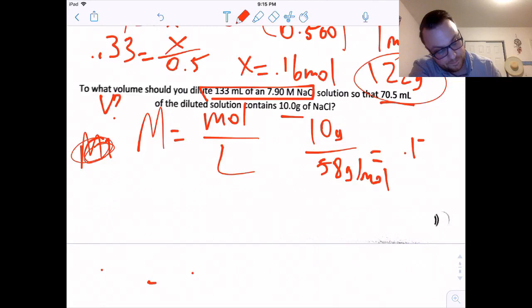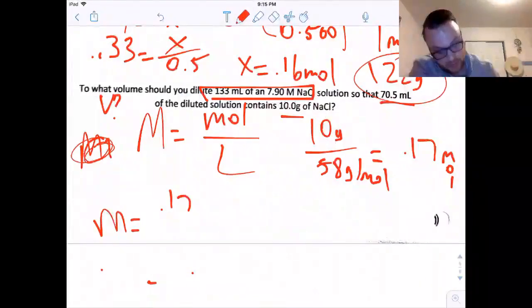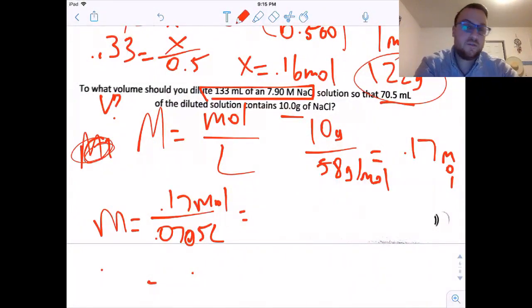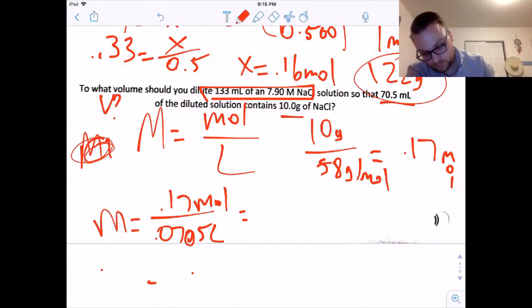Molarity, 0.17 over 0.0705 liters. Please convert to liters. It's in the formula. Don't use milliliters. 0.0705, boom. 2.45 molarity is what I want.